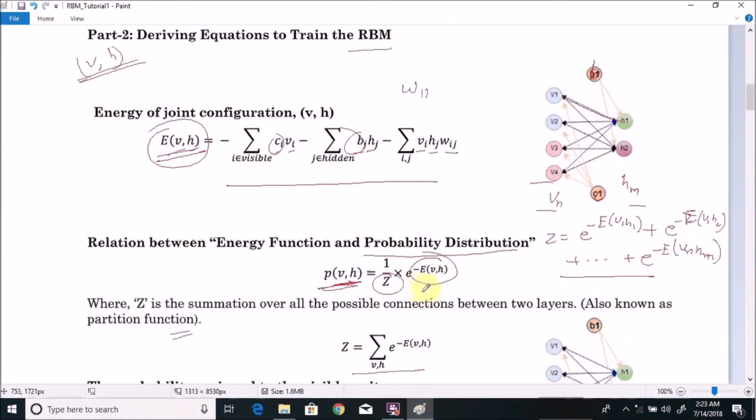So the main purpose of this Z, also known as the partition function or normalization constant, is to make sure that the sum of the entire probability distribution will be equal to 1.